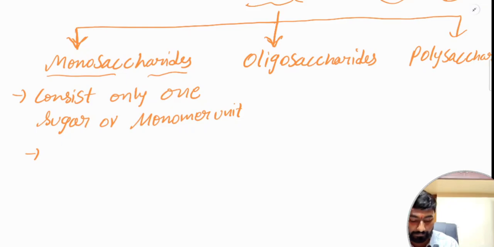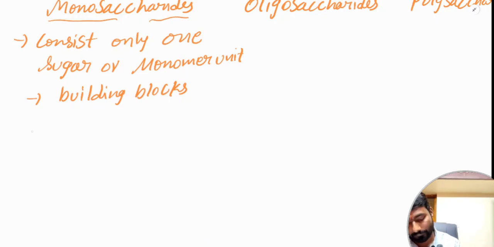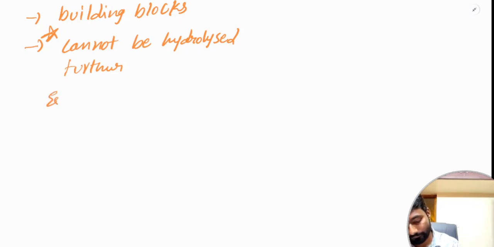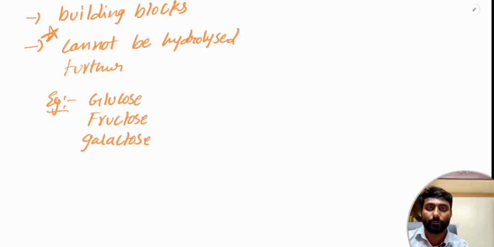Usually they act as building blocks of all the carbohydrates, and importantly they cannot be hydrolyzed further. Got it? If you see the examples, your glucose, fructose, galactose, and so on are examples of monosaccharides.